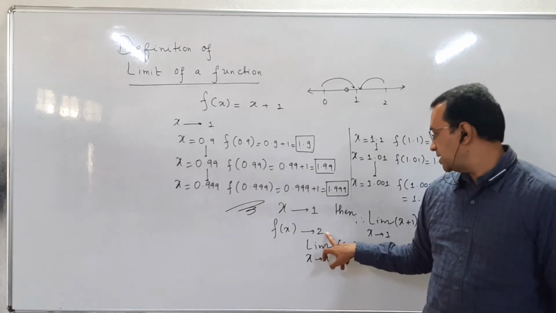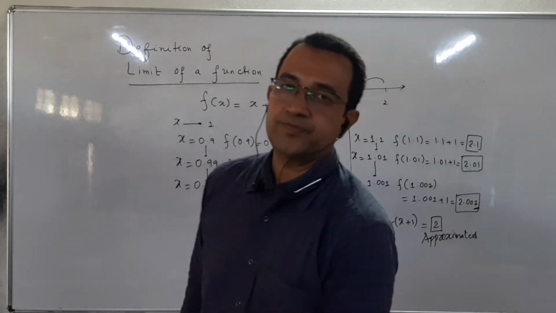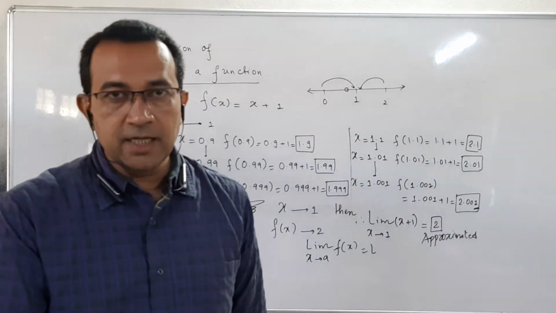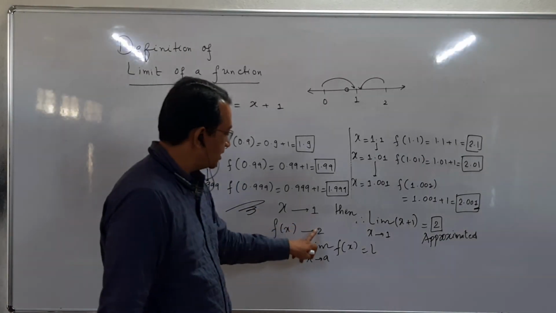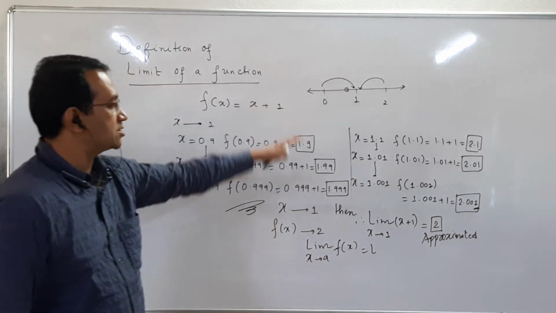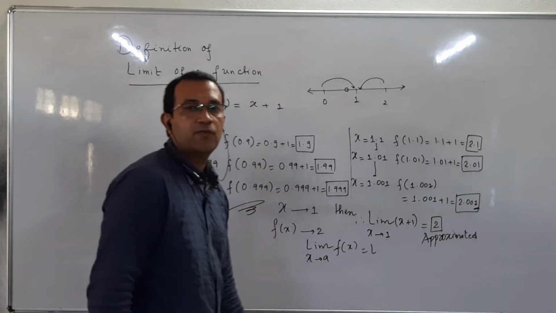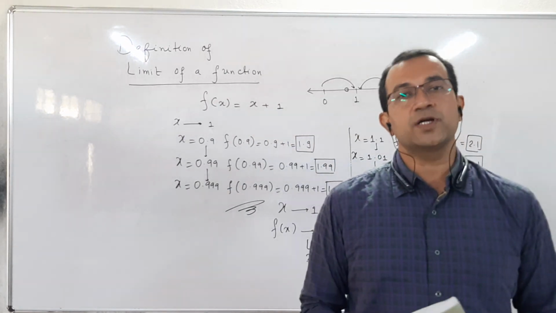Symbolically, it is written as limit x tends to a, f of x is equal to L. a is any real number, L is also any real number, 1 is also a real number, 2 is also a real number. So this is, students, the concept of definition of limit of a function.